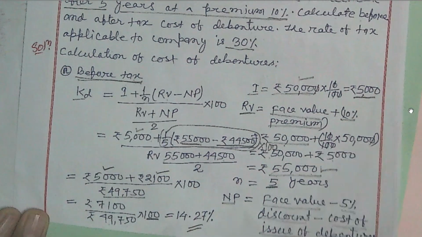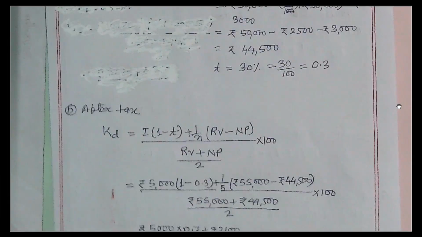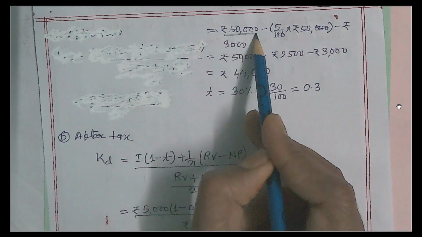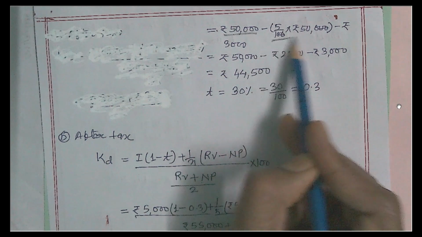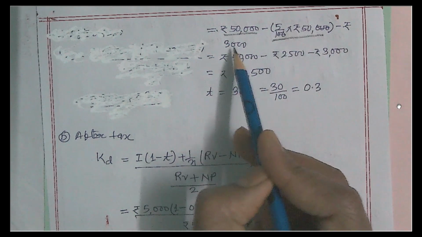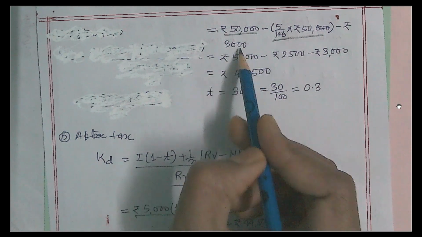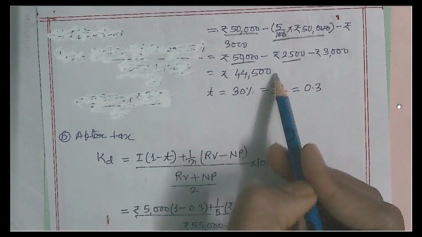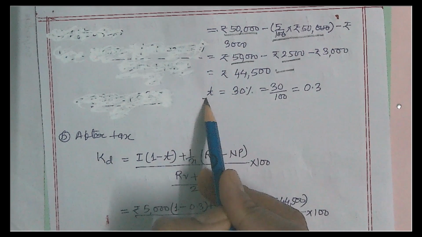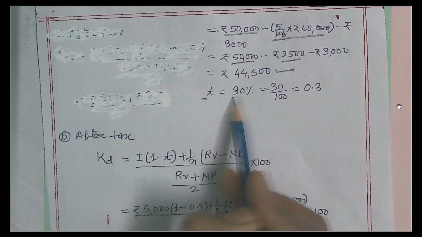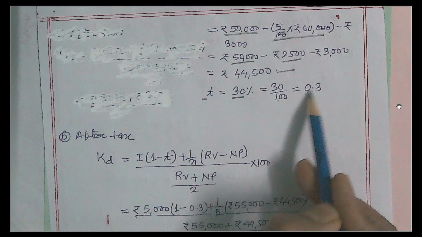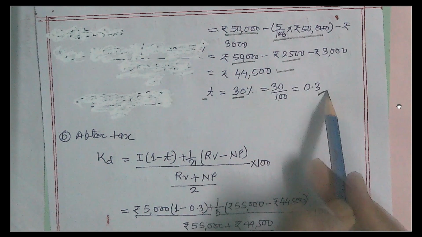Now after tax, now I'm showing you. You see here it is calculated. 50,000 is the face value minus 5% of 50,000 minus 3,000 issue expenses, so here 55,000 and 44,500. The rate of tax given in the question is 30% applicable, so 30 by 100, when you divide it, 0.3.